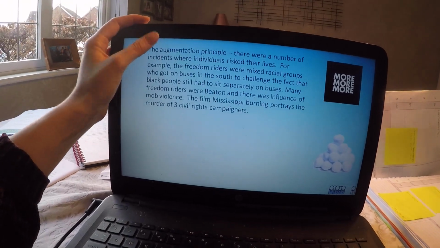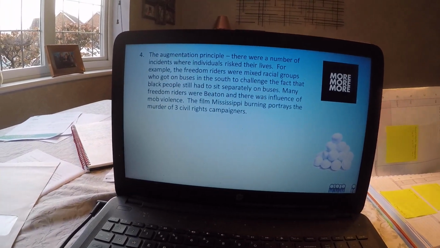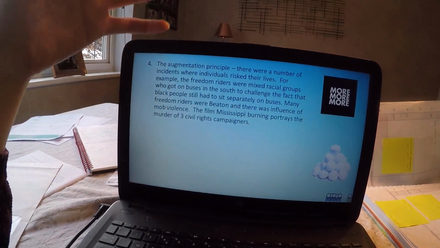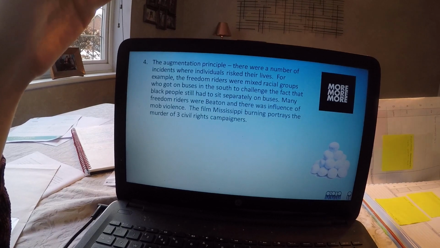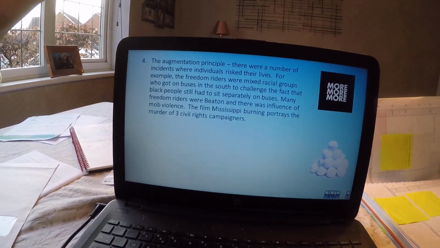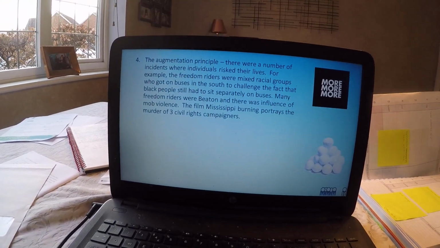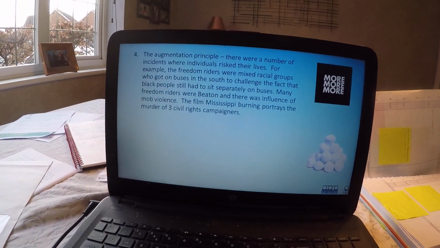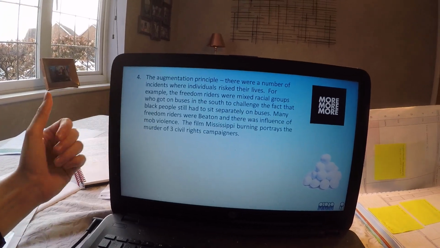And that's where the augmentation principle comes in. People see that there is a reason why they're doing this. They're not doing it to get something from it for themselves, because they're actually risking their lives and their safety. So that's how we get the augmentation principle.